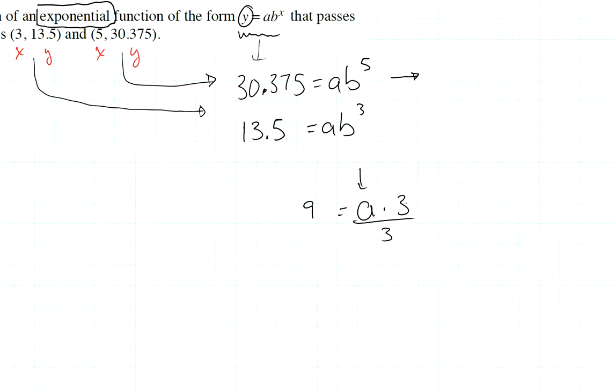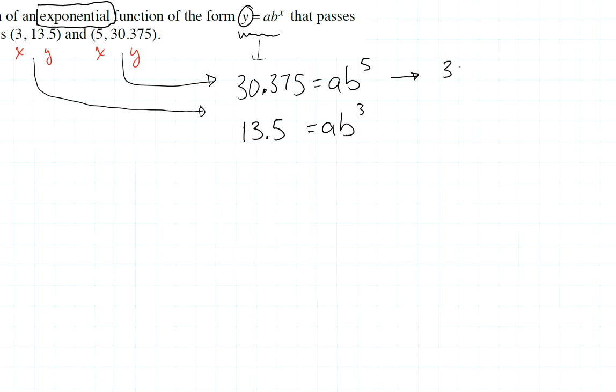The reason why I divide by it is because a number divided by the same value cancels out. So in this case, we're going to divide both sides by b to the 5th power.